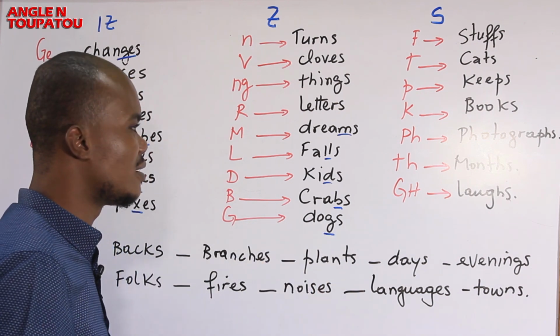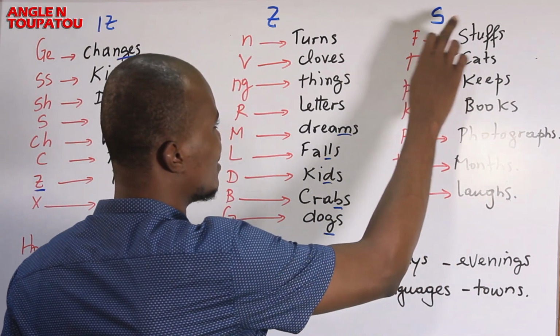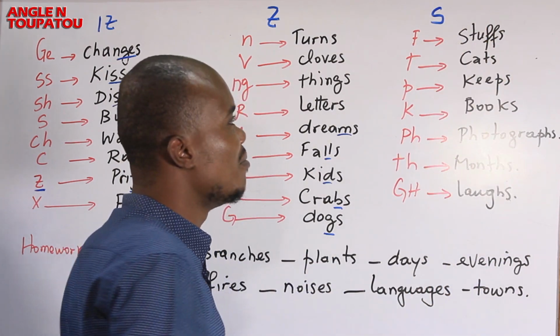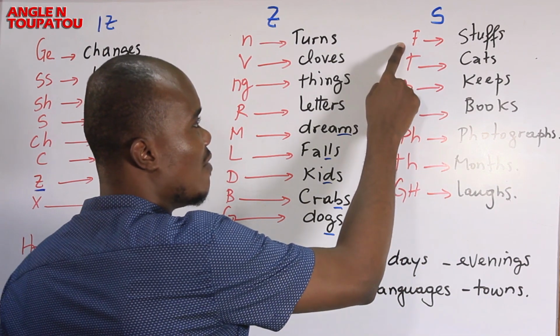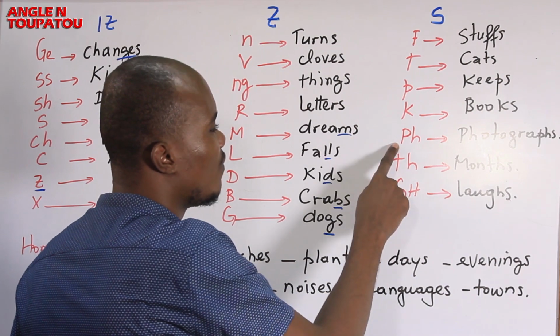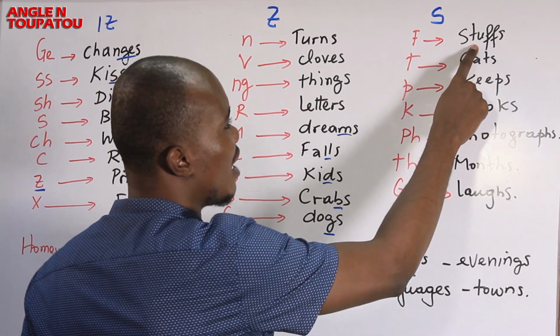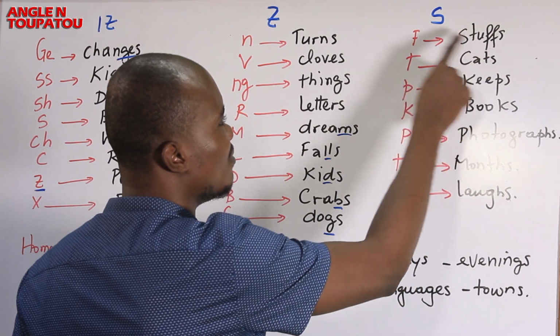And for the S sound, you're going to pronounce the S at the end of these words as S when S follows the sounds F, T, P, K. You say stuffs, you say cats, because you have a T sound before.